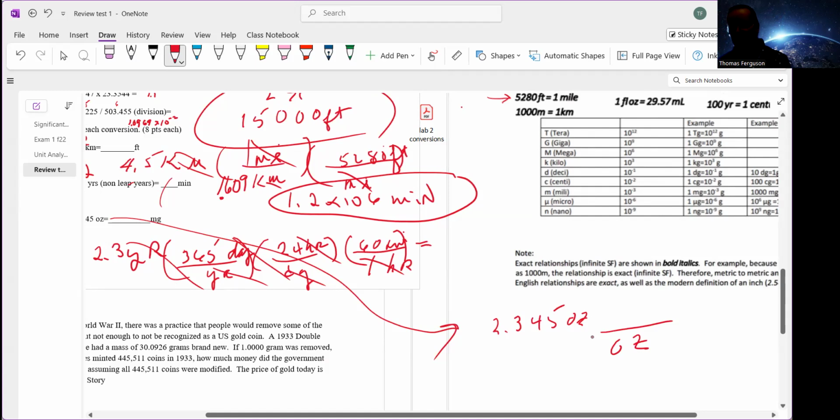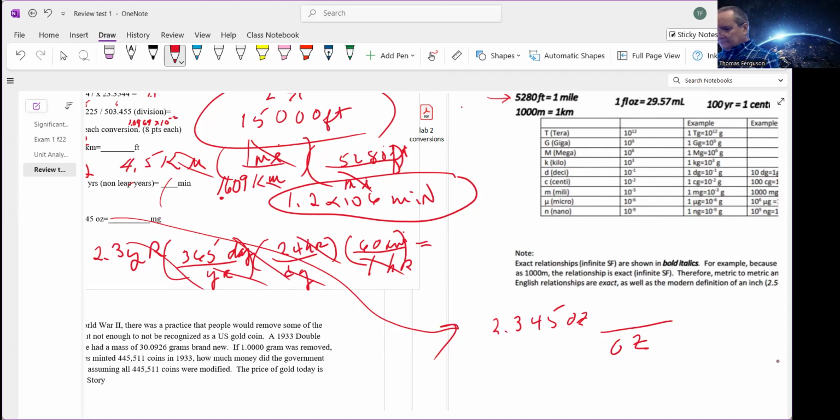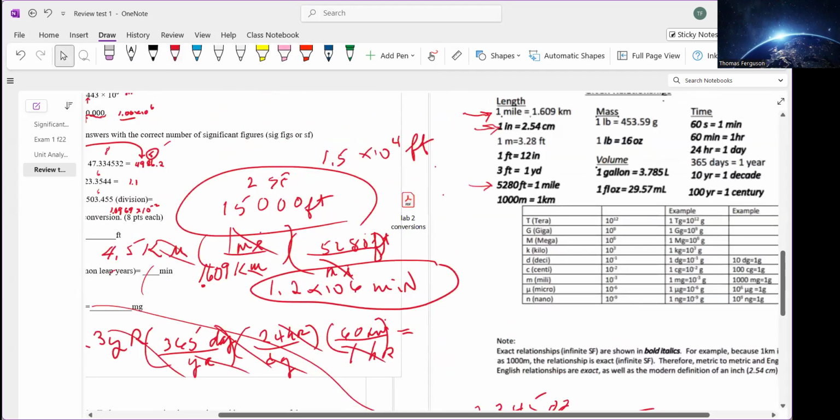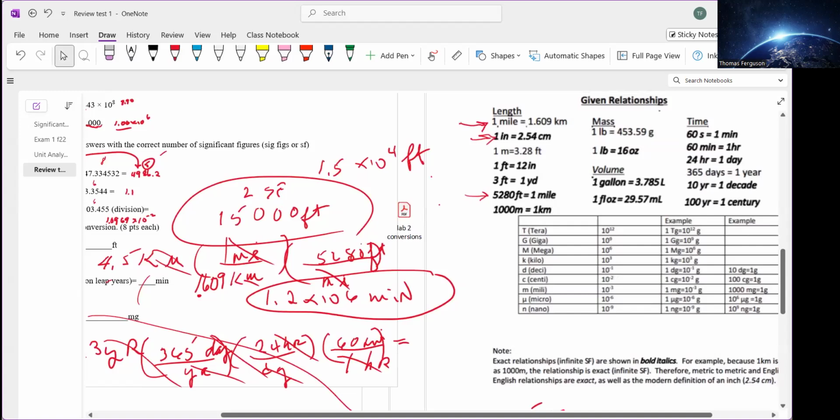We could do grains, but that wouldn't get us anywhere. We go to pound. Oh, right.